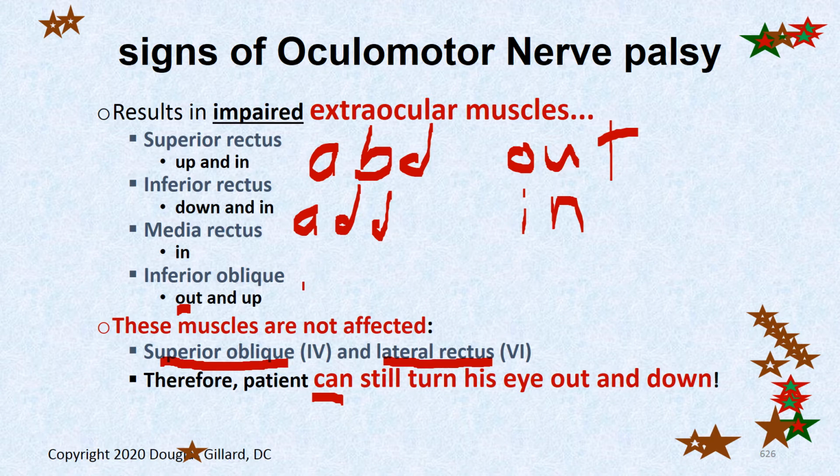Sorry about that. This outward is abduct. Inferior oblique abducts and turns up. But you'll still be able to turn your eyes out because lateral rectus abducts like crazy, even though you lose a little bit of power there. And you can still turn it down because superior oblique turns it down. Okay? See how all that works?